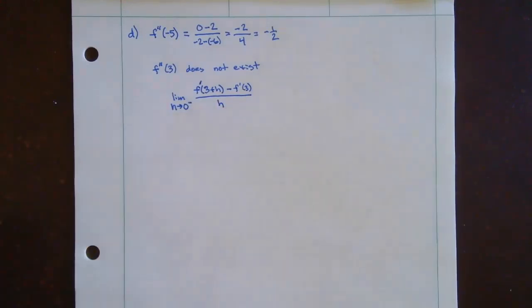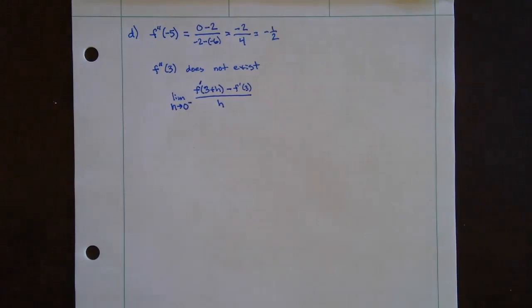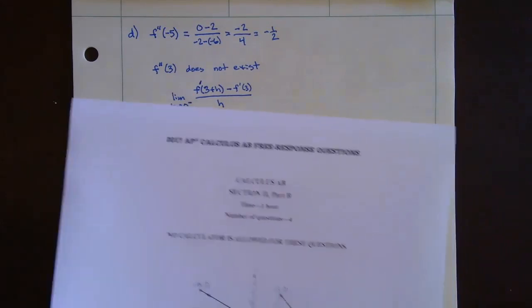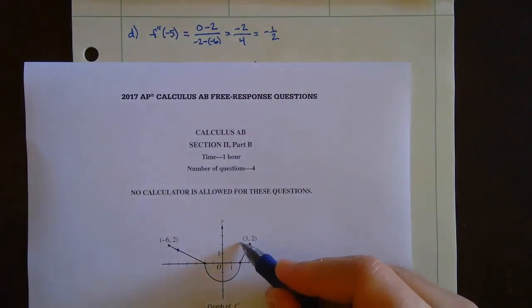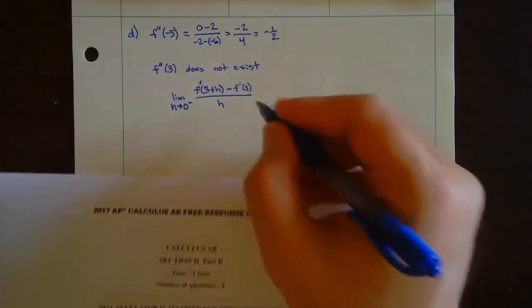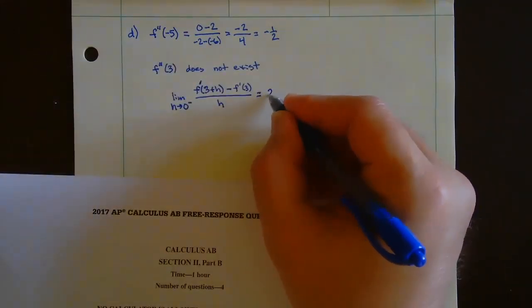Now what is this? This is the left-hand derivative for f prime. There's an alternative way of writing this, and I'll show you that in a minute. But this slope right here, we're going to go up 2 and over 1, so this slope is equal to 2.